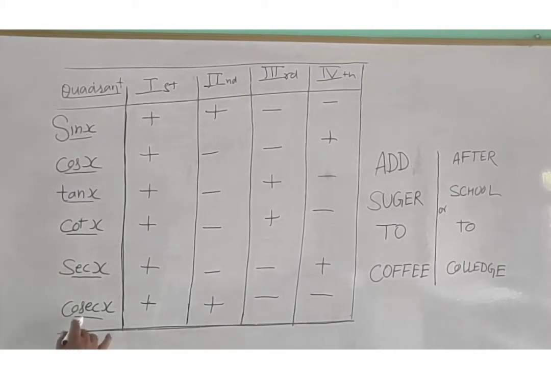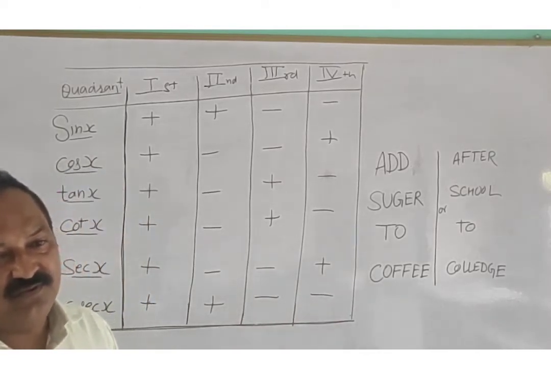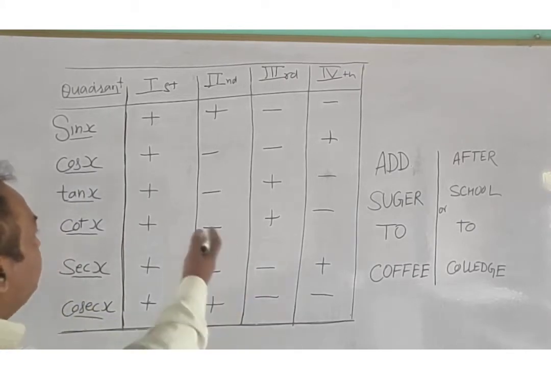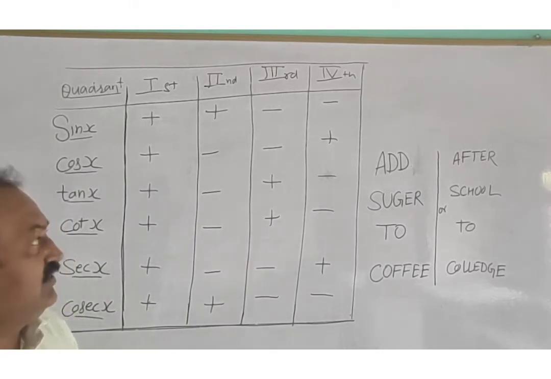And at last, the value of cosecant x is positive in the first and second and negative in the third and fourth quadrant.